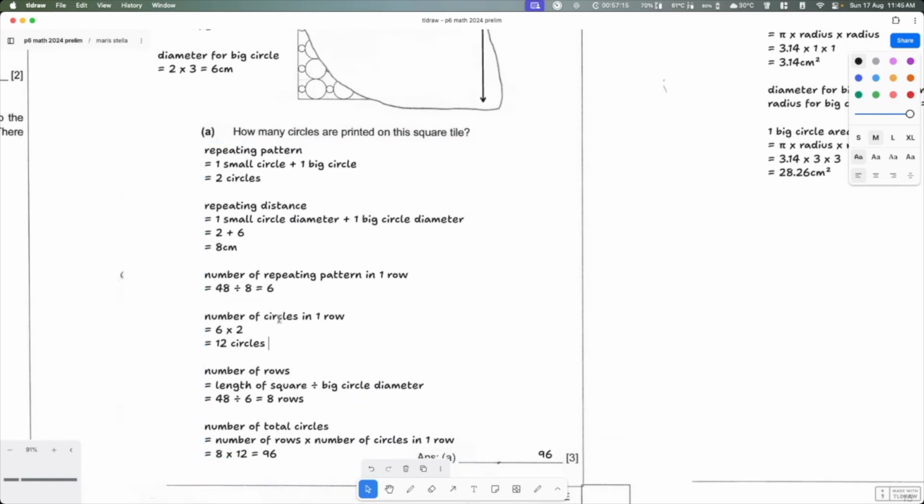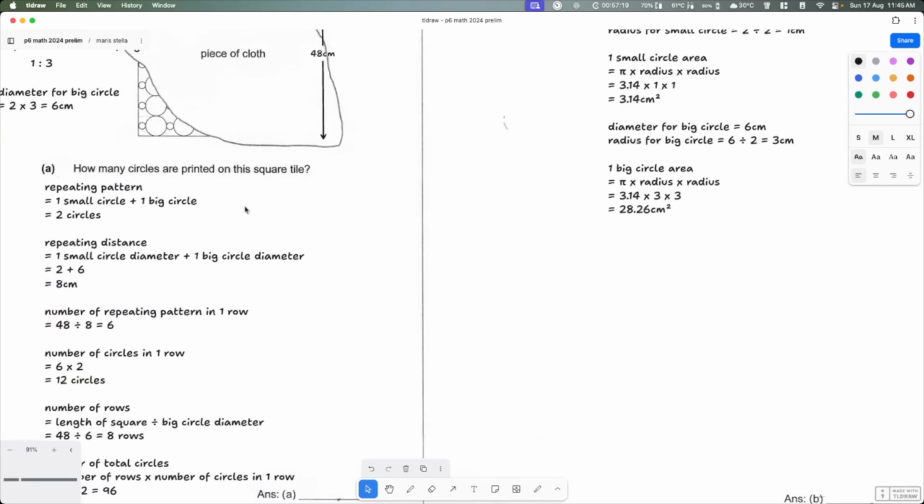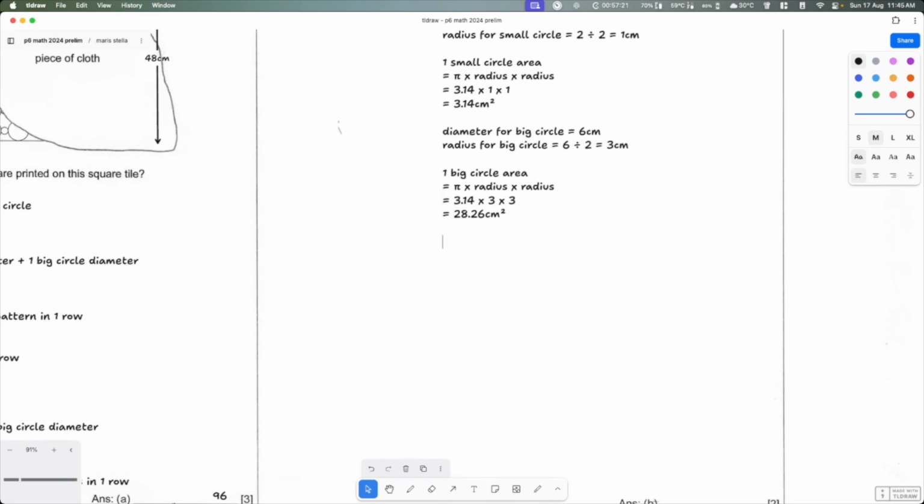So we have one small circle and one big circle. The number of circles in one row is 12, which is basically half of each. So the total number of small circles is 96 divided by 2, which is 48.